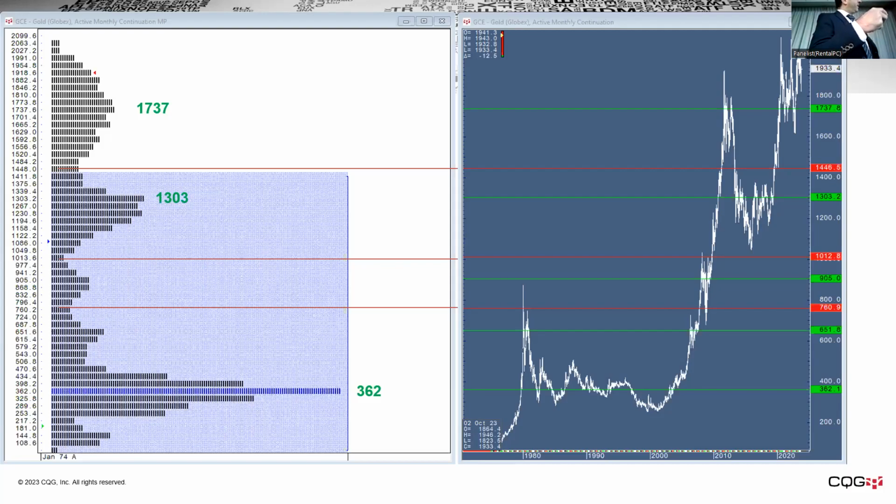So we're looking here at a distribution basis of gold, where the main ones would be at $1,737, 1303, and the biggest concentration at 362. These are the areas where trading has been mostly gathered.